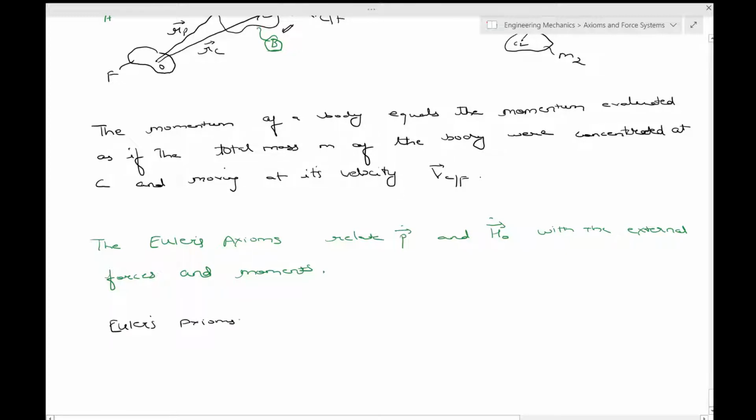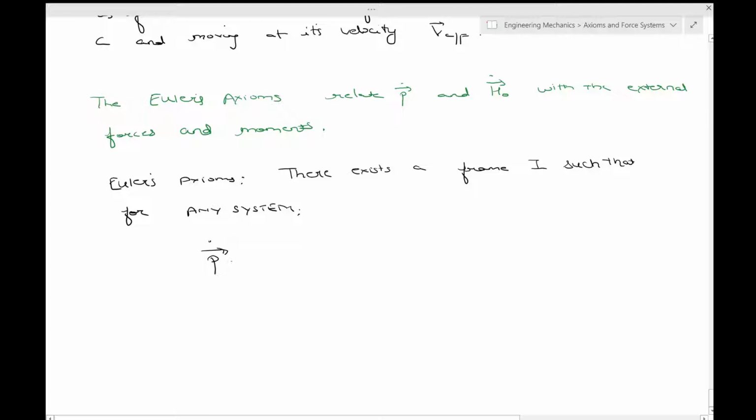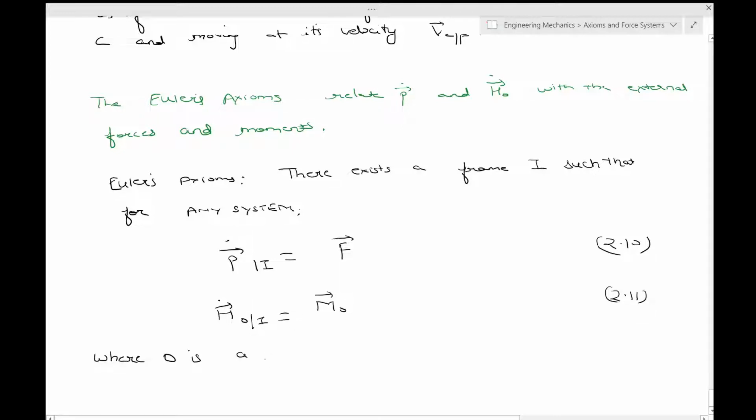Axioms: there exists a frame I such that for any system, P dot in I is equal to F, this is equation 2.10, and H dot O in I frame is MO, this is 2.11, where O is a point fixed in I frame.